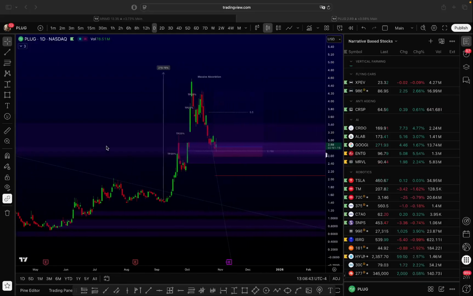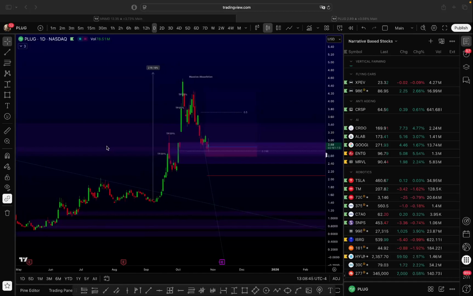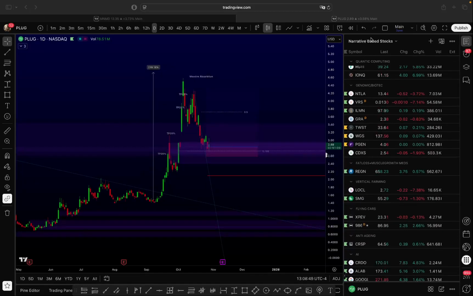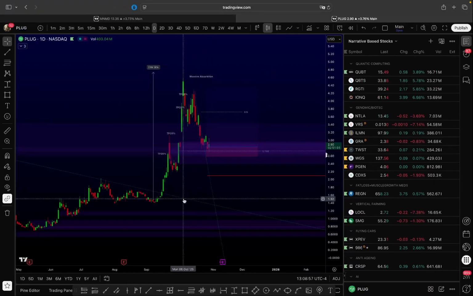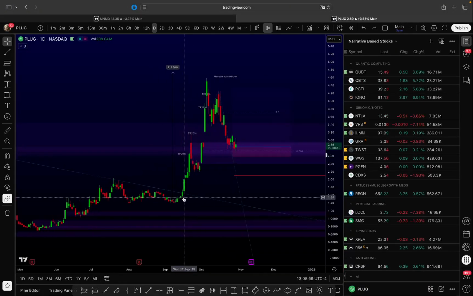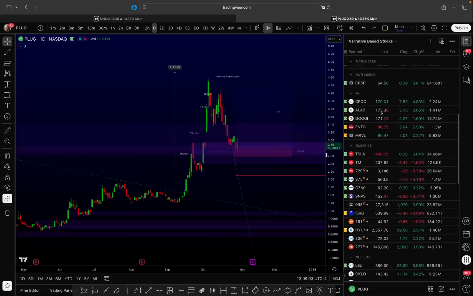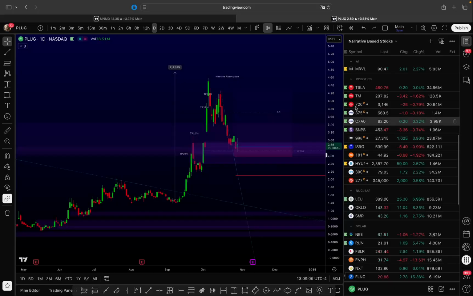So how do I approach a stock chart? As I said before, I usually look for narratives which I'm interested in or where I see some potential. I don't care too much about the narrative, but I actually like to split my stocks into narratives. I should probably start with a complete naked one.